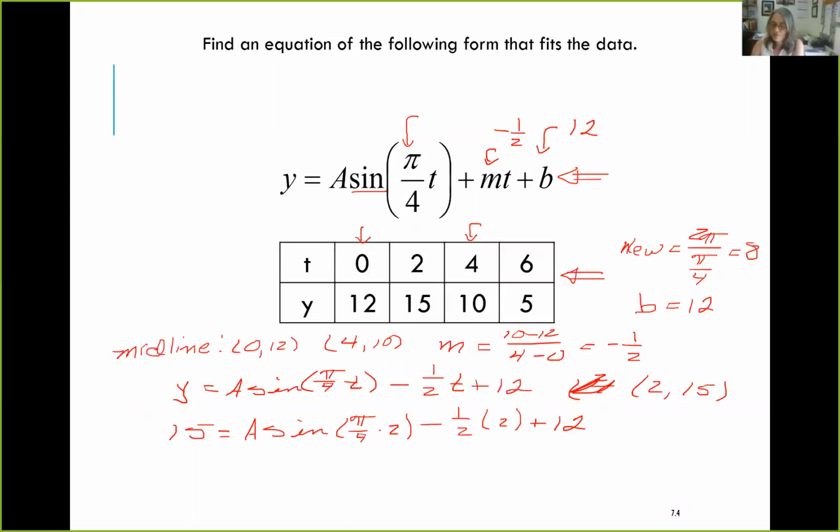If you do a little arithmetic and a little bit of algebra, you come to a equals 4. So my function is y equals 4 times the sine of pi over 4 times t, minus 1/2 t plus 12. Let's check that real quick.